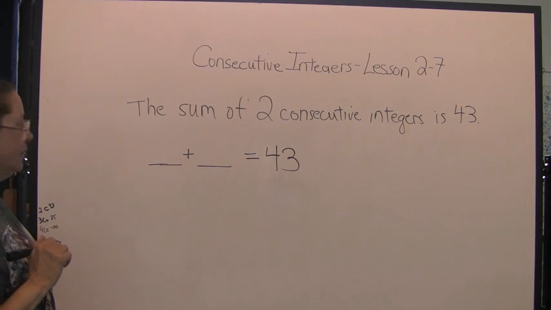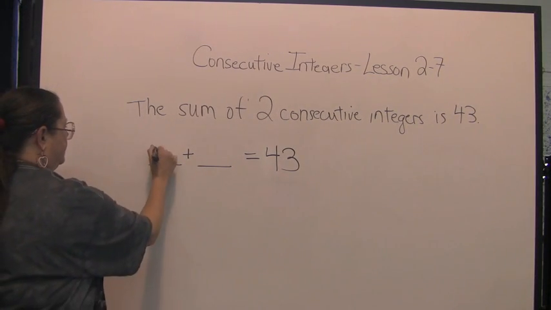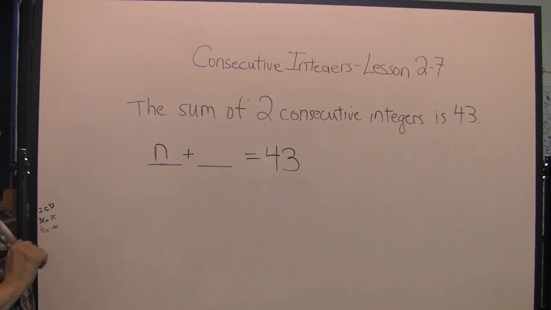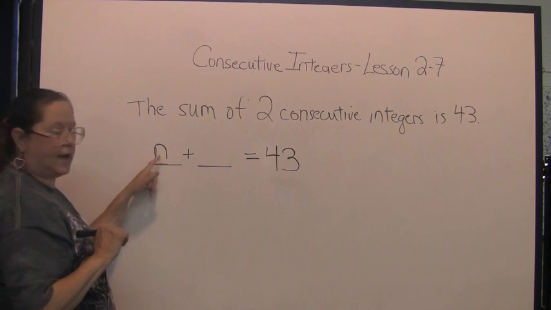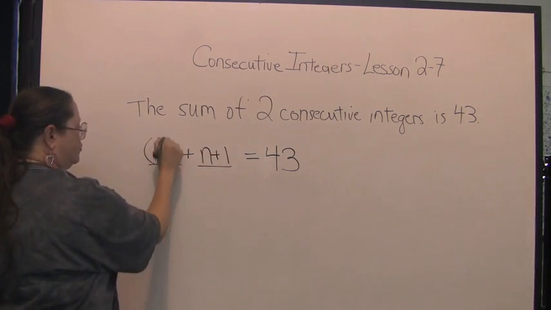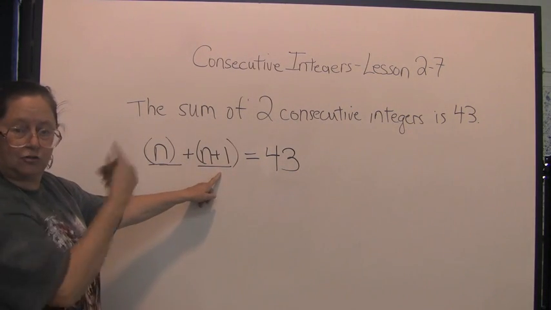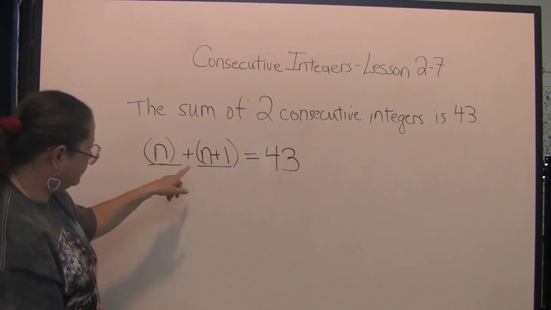Now, if I choose a letter, say n, to represent my first number, to get to my second consecutive integer, I add 1 to that. So there's my first number, and I add 1 to get to my next consecutive integer. Now, what have we got here?